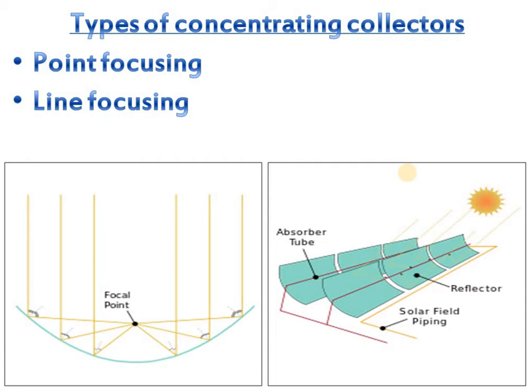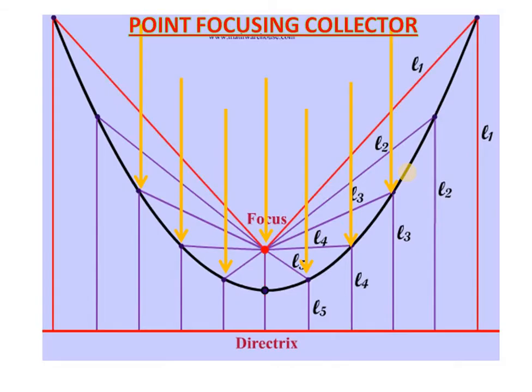We have already mentioned that there are point focusing and line focusing. In point focusing, what is actually happening is shown in this diagram. Suppose this is a reflector. You have seen such reflectors in torchlights, vehicle headlamps, cycle headlamps. Their shape is called parabolic, and every parabola has a focal point.